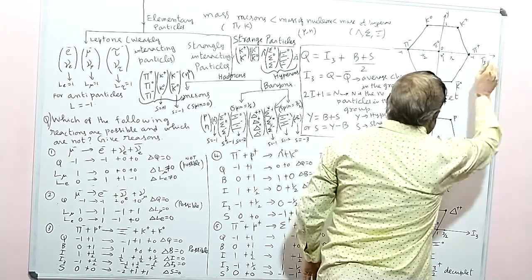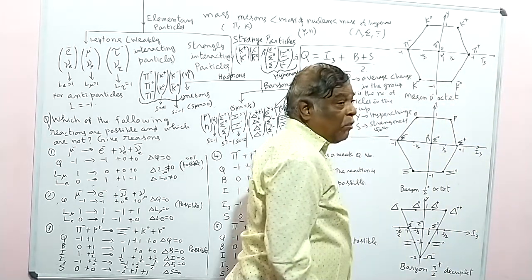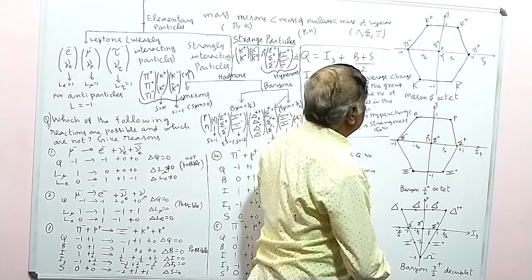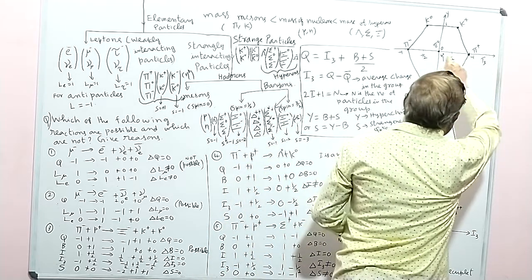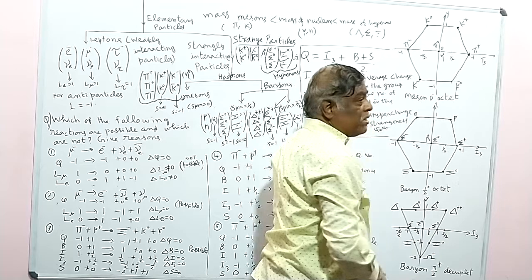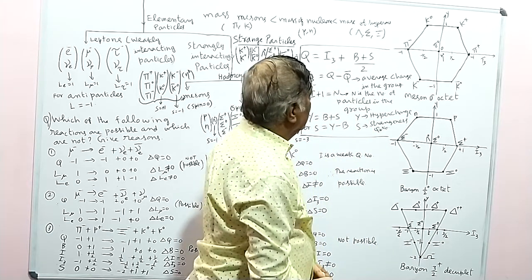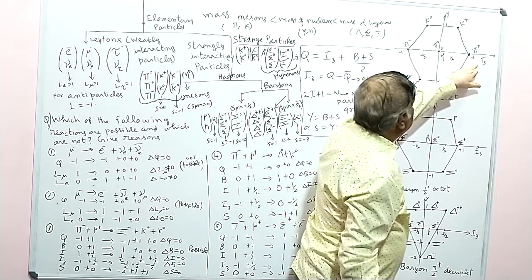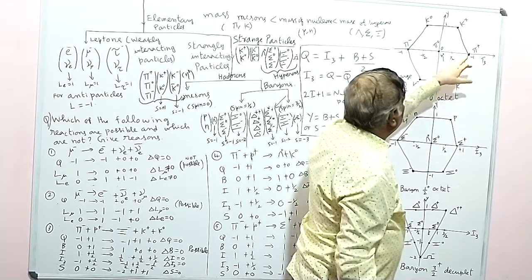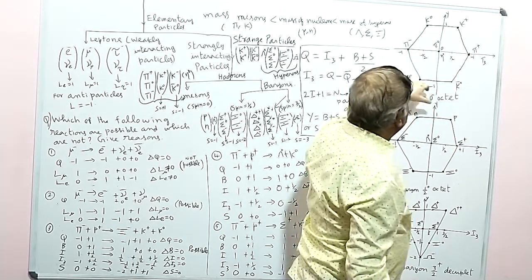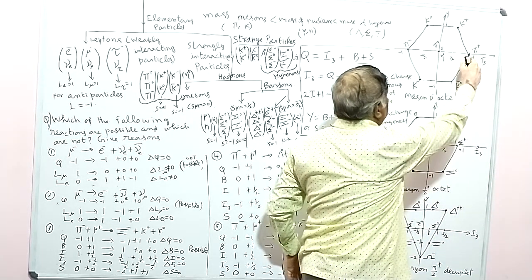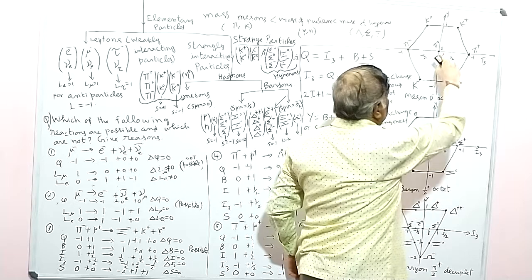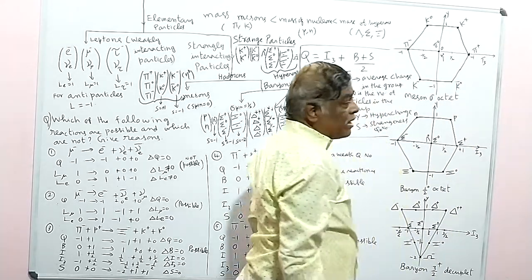If you draw the third component of the isospin, which is I3 or T3, along the x-axis and the hypercharge along the y-axis, then according to your value of I3 and Y, you can draw a hexagon. Here this is one particle, this is second, third, fourth, fifth, sixth, and at the center there are two particles.